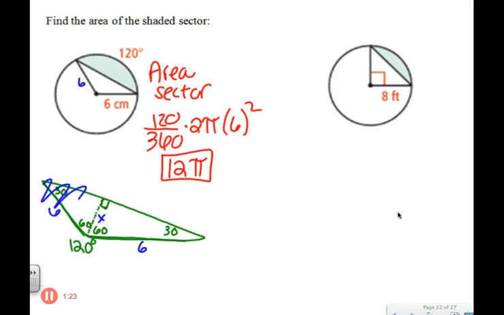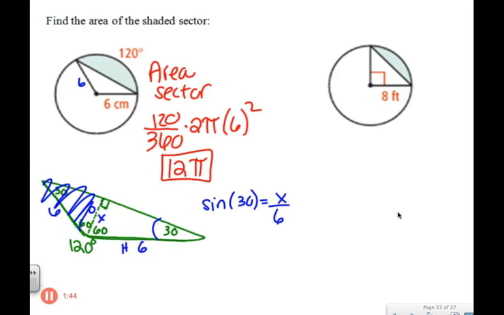If I want, I can ignore this triangle for right now and just focus on that bottom right one. So I can use 60 for trig, or I can use 30. It's up to us. If I want to use 30, this is going to be opposite, and this is going to be my hypotenuse. So one way is sine of 30 equals x over 6.